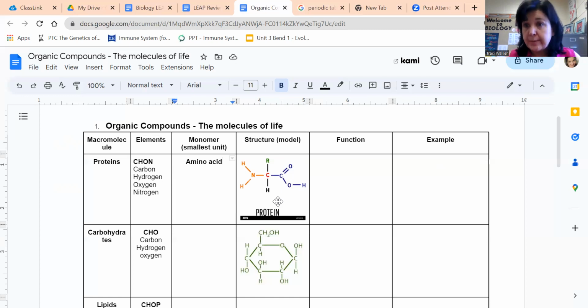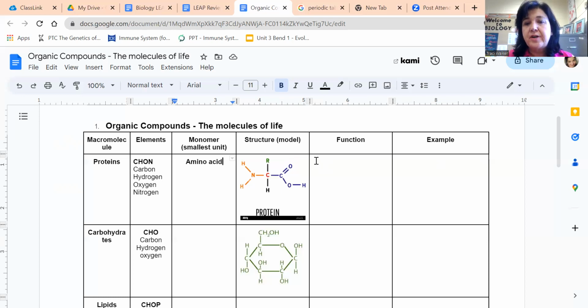There are different types of amino acids. All amino acids have this same basic structure with the hydrogen, carbon, oxygen, and nitrogen, and then this R group represents how they're different. Each amino acid is slightly different, and that's where the difference is in the R group. A protein would be several amino acids linked together.